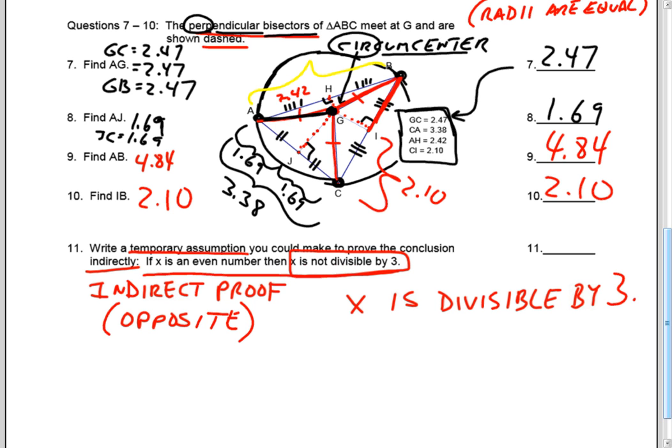Let me give you an example. Let's say I want to prove that Connor is a real human being and not a robot. I want to prove that he's a human being. So I assume the opposite. I'm going to assume that he's a robot. So Connor's a robot, and then I watch him for a while.